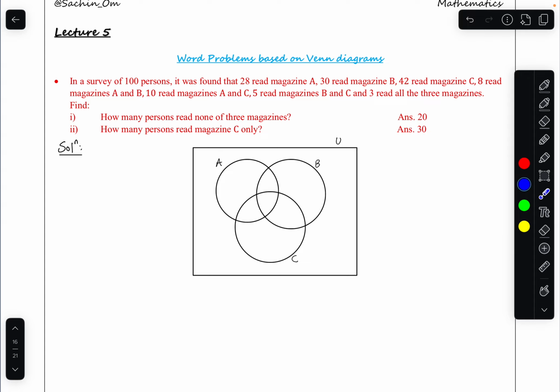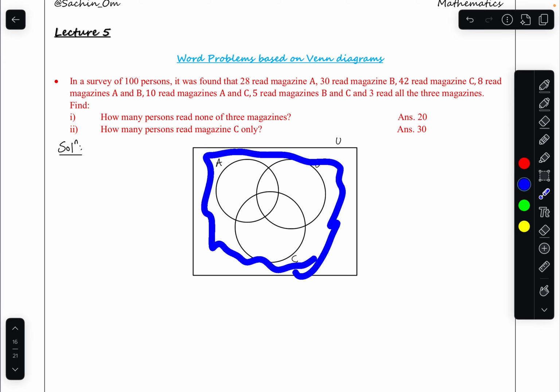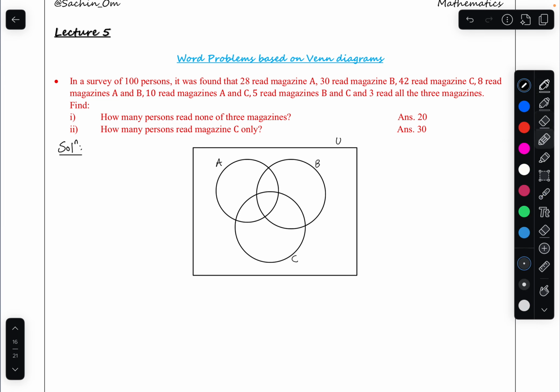So on the Venn diagram, for this first part, how many people read none of the 3 magazines would be this portion for us. So the first part is none of the 3 magazines being read is this portion.